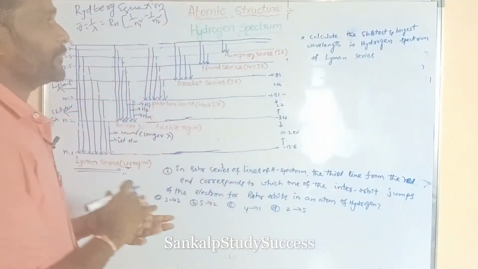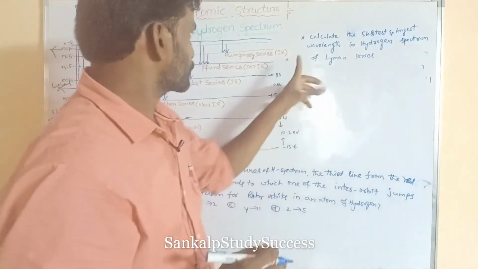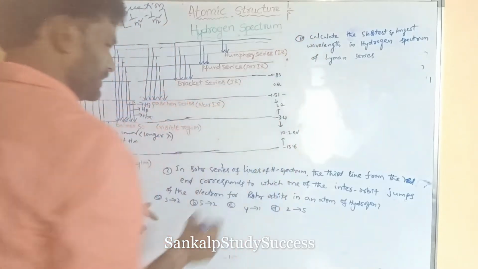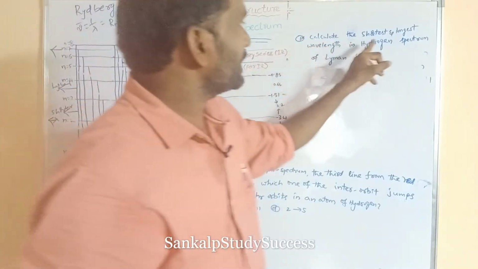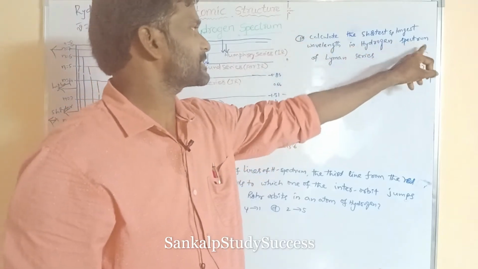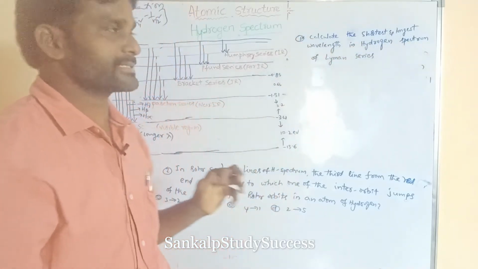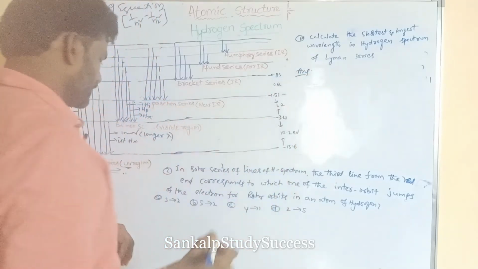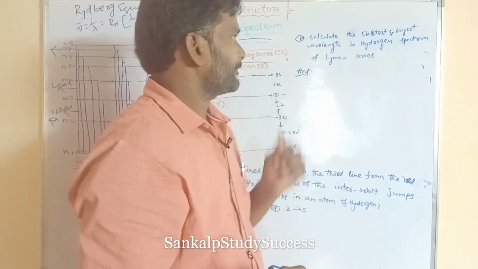Now I am going to explain these two sums. This is one, this is the second. So calculate the shortest and longest wavelength in the hydrogen spectrum of the Lyman series. So listen to me.